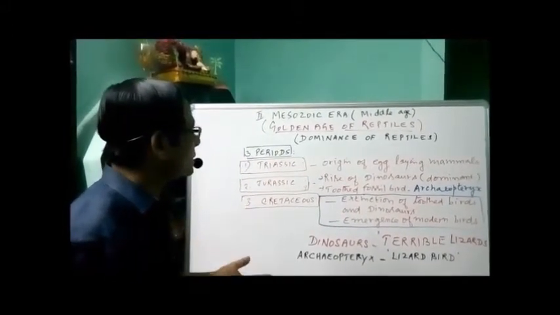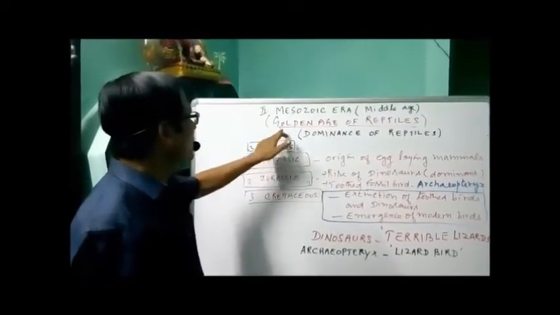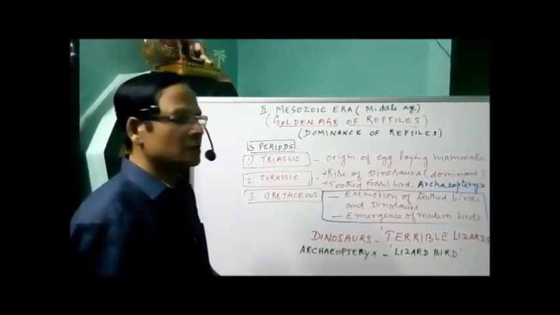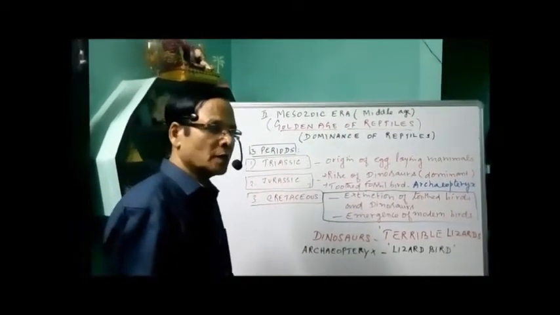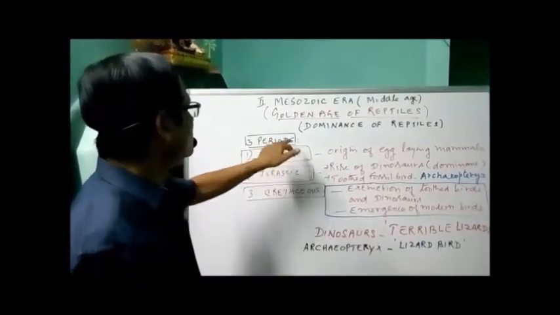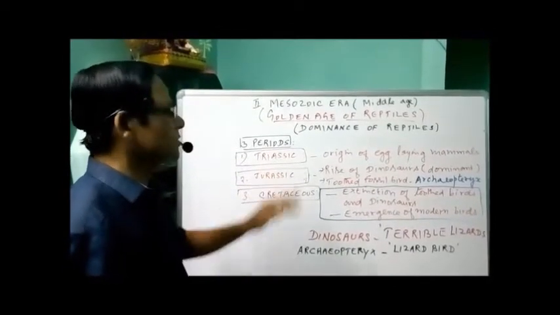During that period, there was dominance of reptiles, hence aptly called the Golden Age of reptiles. The terrible lizards and even toothed birds and many other reptiles were dominant during that period. Now it includes three periods: Triassic, Jurassic and Cretaceous.